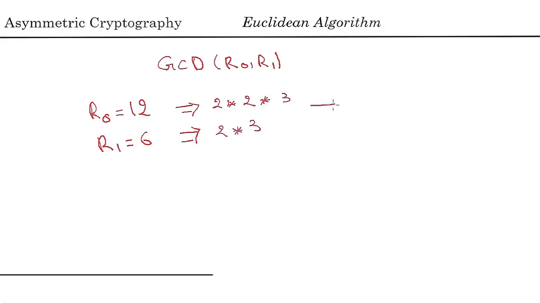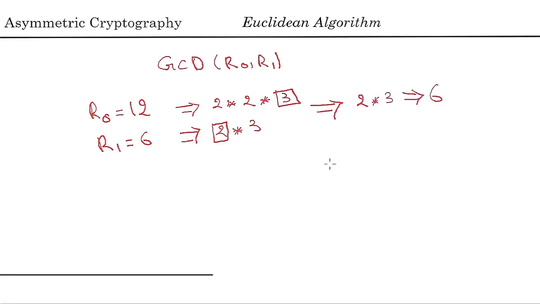What we can do next is multiply the highest common prime factors. For example, here the highest common prime factors are 2 and 3. So we multiply 2 by 3 and we get 6.